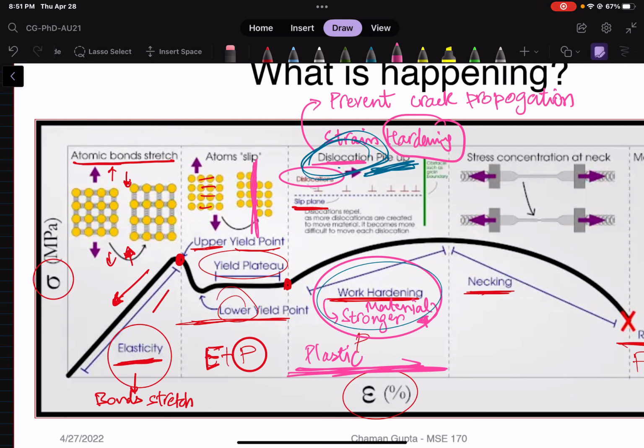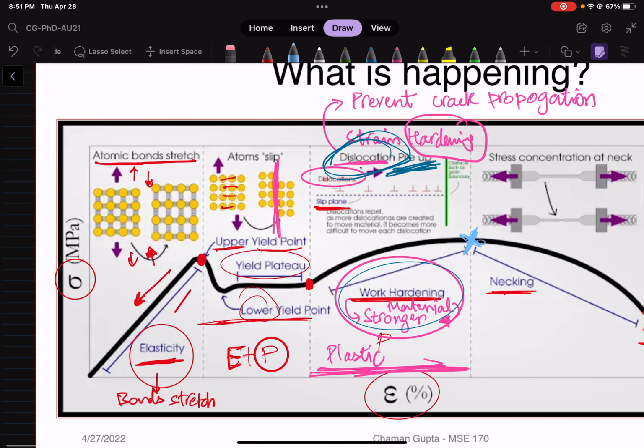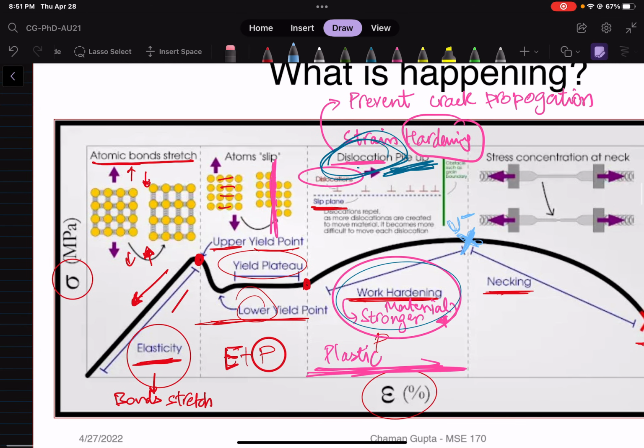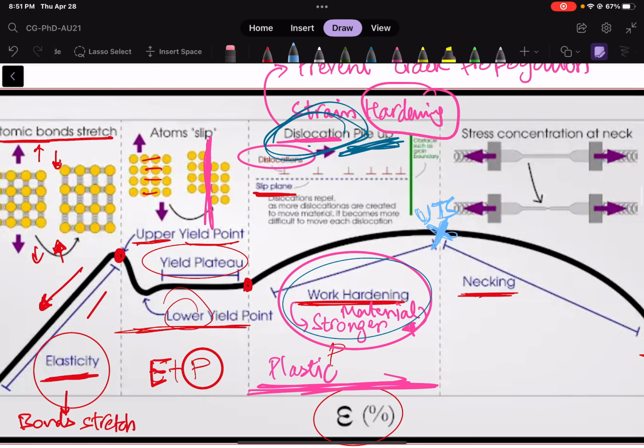But at a certain point you will hit this location, which is this point over here marked in blue, which, if you remember again, is the ultimate tensile stress or ultimate tensile strength, after which necking takes over. There are no more dislocations to pile up. The energy that is required has been exceeded.